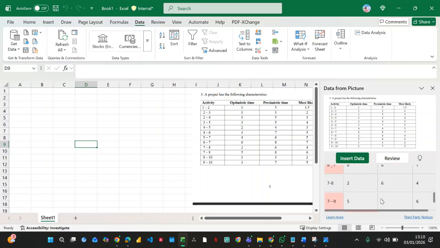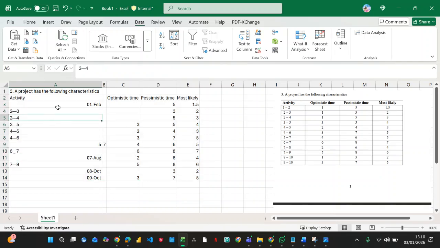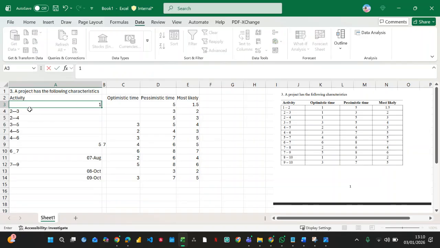This should work for me. And if it doesn't work, then I'll just have to edit it myself. I think it will be easier. So we first of all have one to two, which is down one.